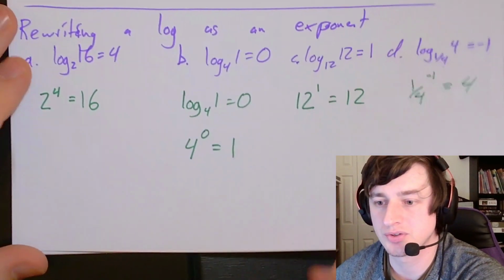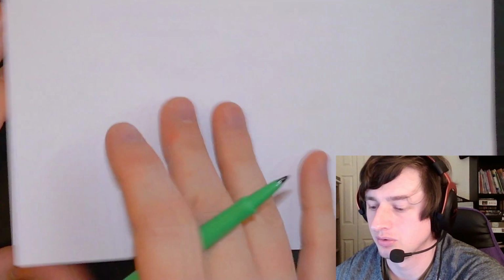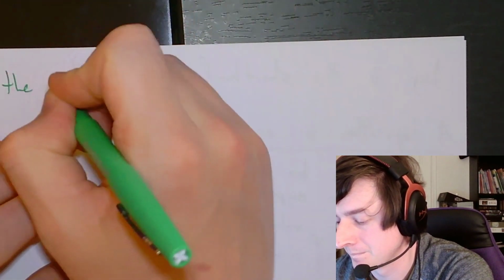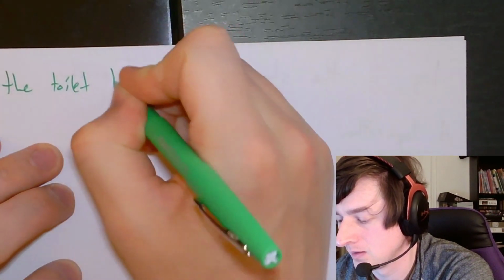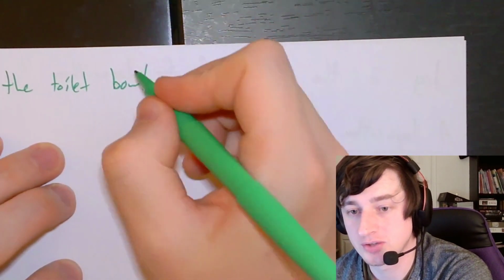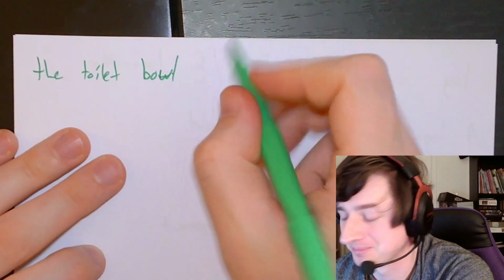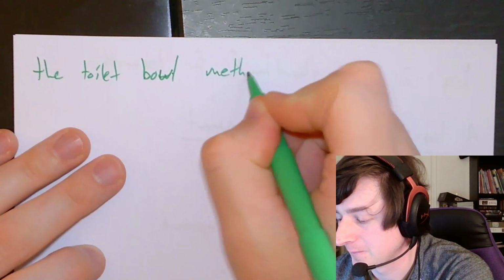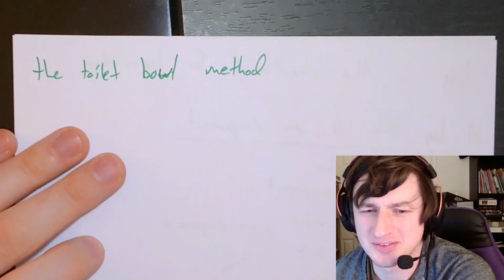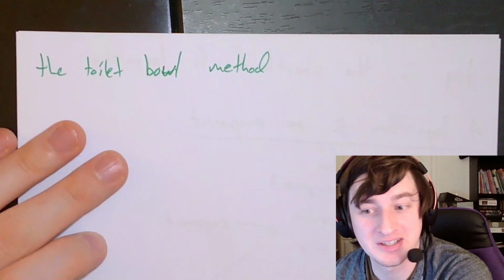Okay, we're using something that I like to call the toilet bowl method. And this is what my teacher in high school called it. It hasn't really changed since then. And it really has very little to do with a toilet.